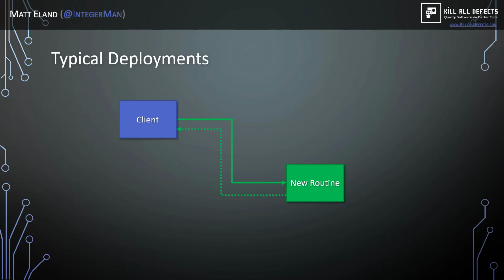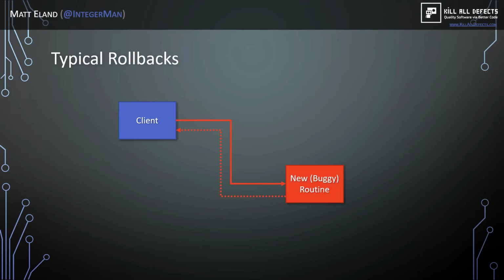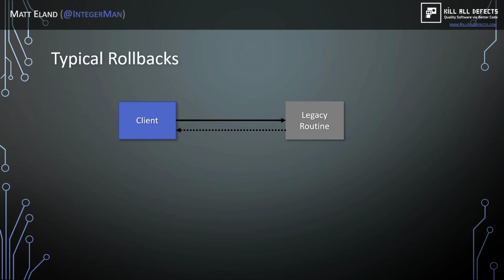But what happens if you made a mistake and things are suddenly broken? Well, now all of a sudden production is broken. Users are angry, your boss is angry, everyone's just generally unhappy, and you need to urgently do a rollback. And maybe there might be some advanced data migration that needs to happen because of that you really weren't planning around. So that typically doesn't work very well in my experience.